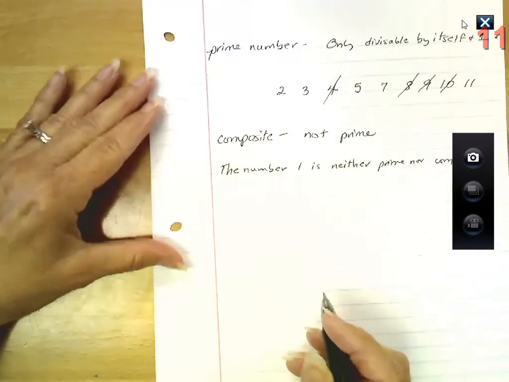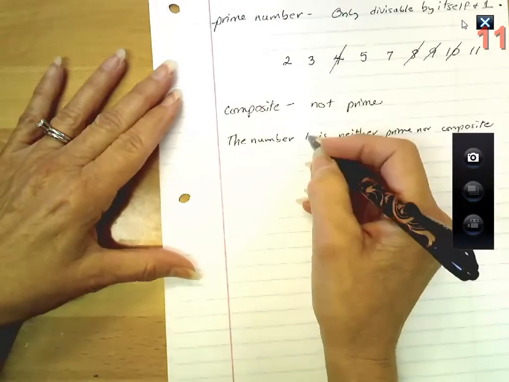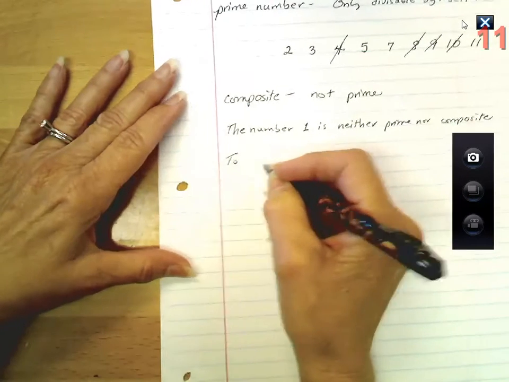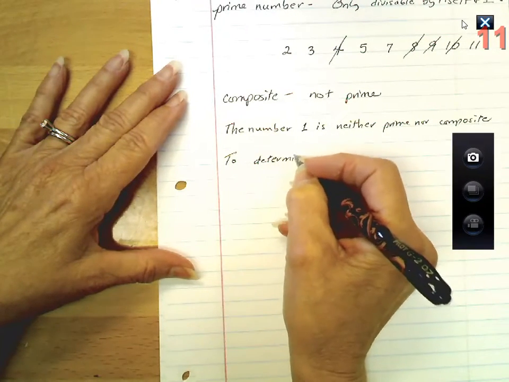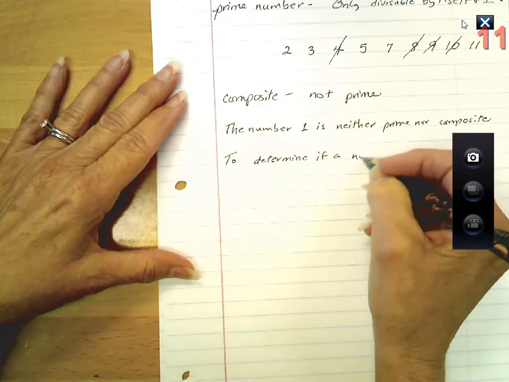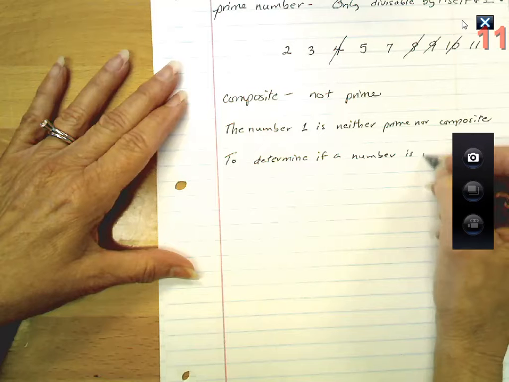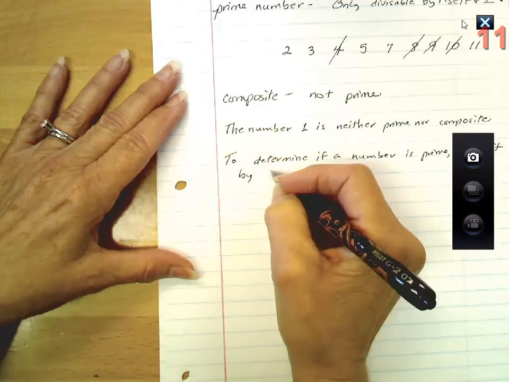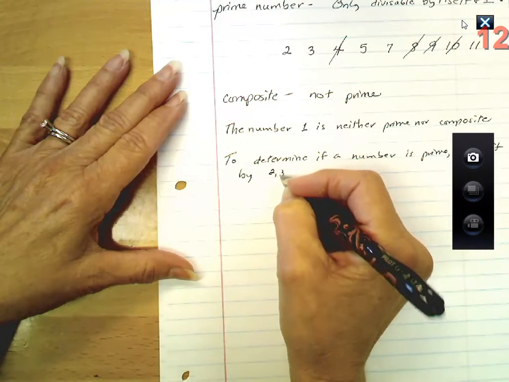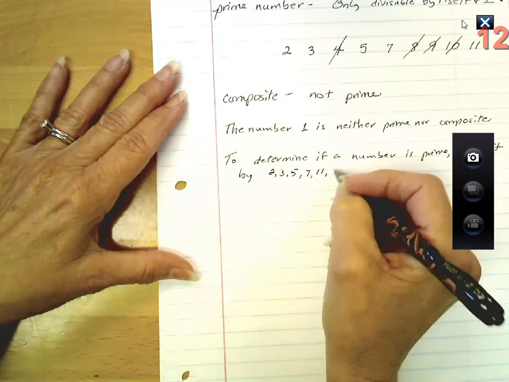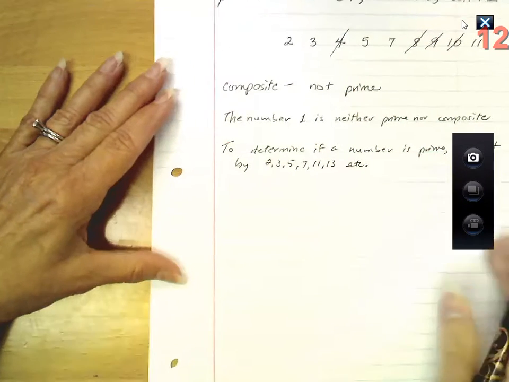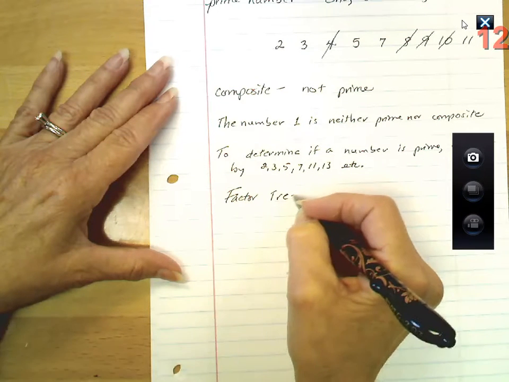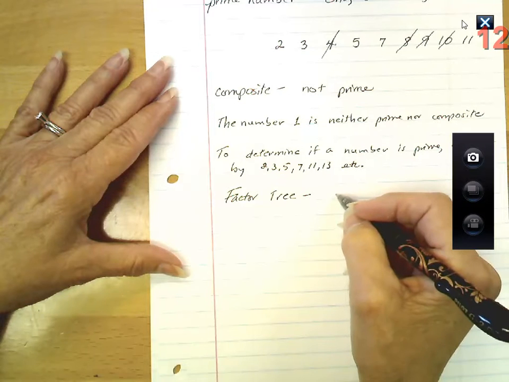Now if you want to determine if a number is prime, you can divide it by the prime numbers: 2, 3, 5, 7, 11, 13, etc. And we're going to use something called a factor tree to put things down to their prime factors.